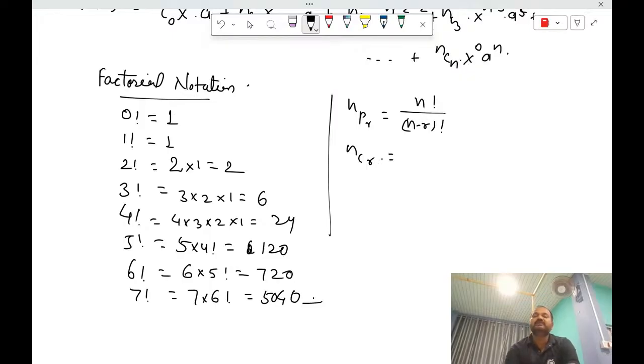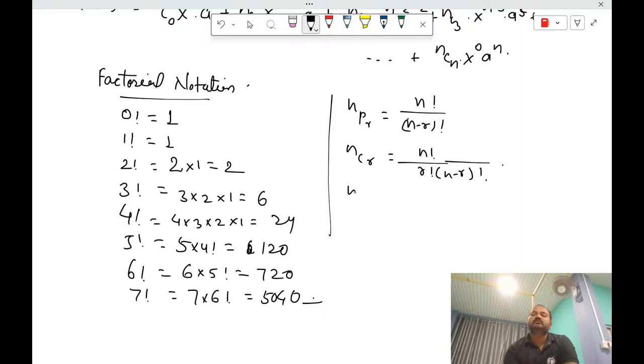Means if we have to make a selection, there we can use the concept of combinations, and where we have to arrange things, there we will use the concept of nPr. So the nCr formula is n factorial upon r factorial and n minus r factorial.